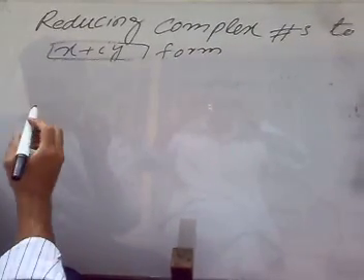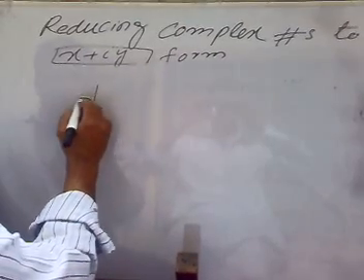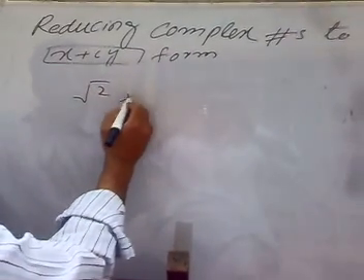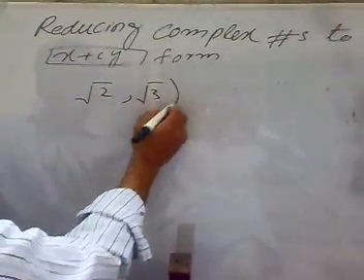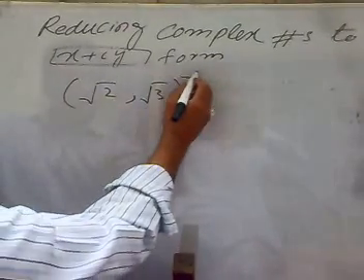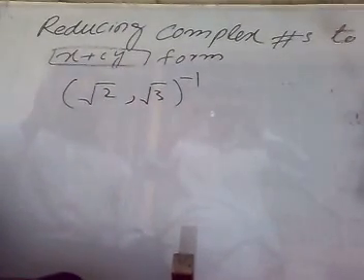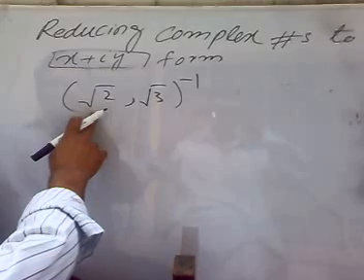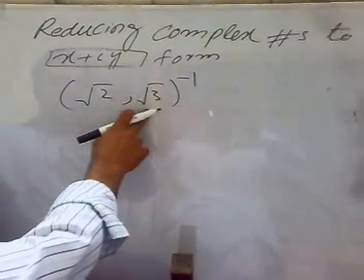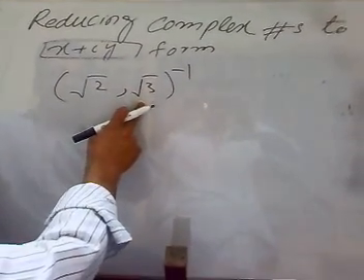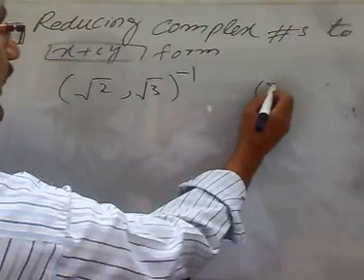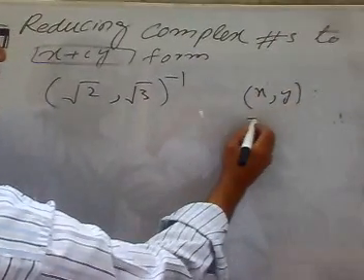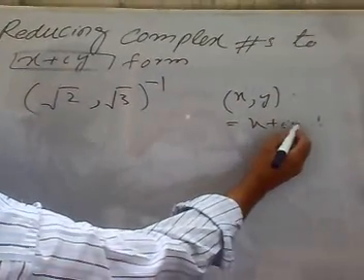Okay, let me consider some other examples as well. Suppose I have a question like this. Actually, this is the representation of a complex number in ordered pair form. First of all, we will see that an ordered pair (x, y) can be written as x plus iota y.